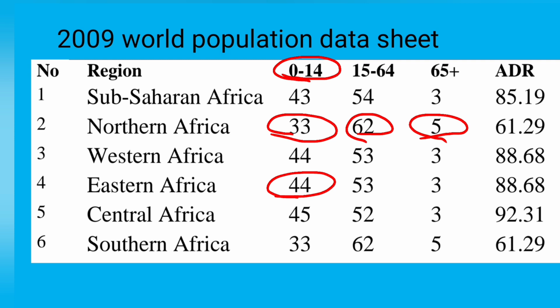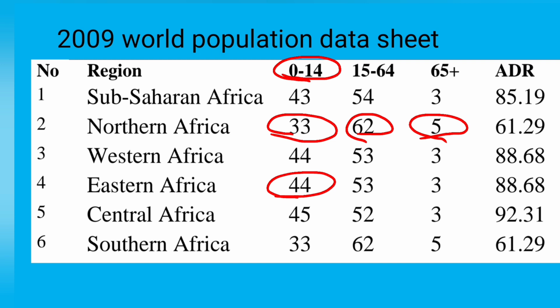Okay, sorry, Eastern Africa appears twice. Central Africa has 45% aged 0 to 14 years old, and the working force of the region is about 52%, and the elders are 3%, with an age dependency ratio of 92.3.